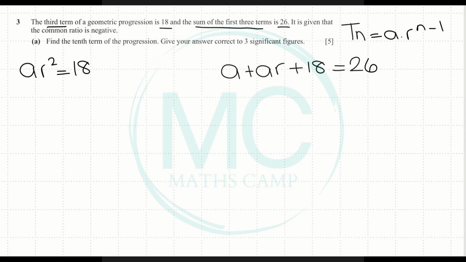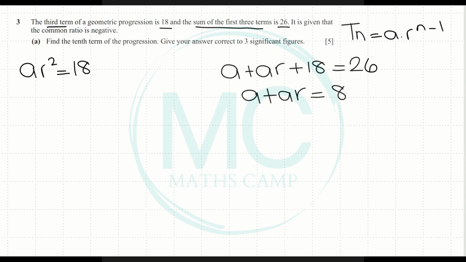Now we have two equations with a and with r, and we can use these to find our unknown values. Let's move 18 to the right, and we can get a plus ar is equal to 26 minus 18, which is 8.